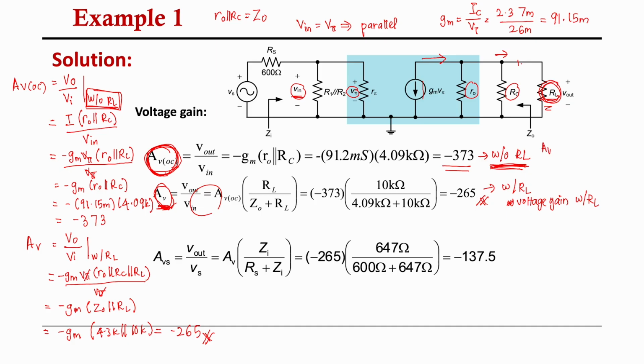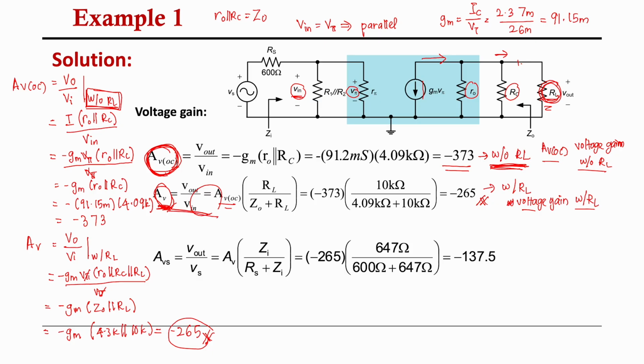AVOC is the voltage gain without RL. Okay, please remember that. AVOC is without RL, and AV is with RL. It's easier if you just start from the beginning.